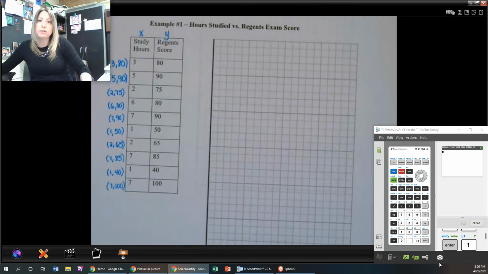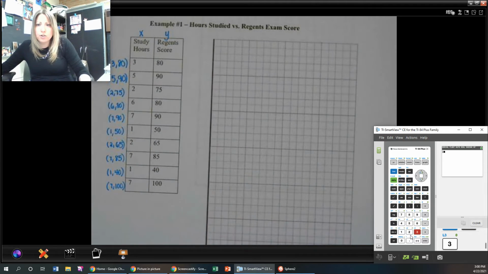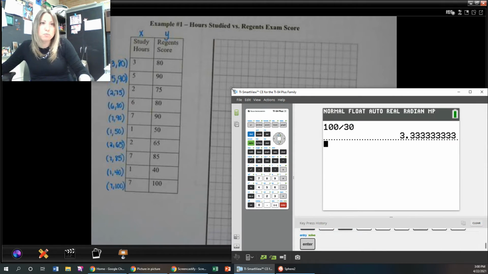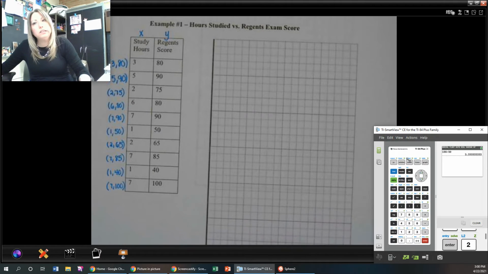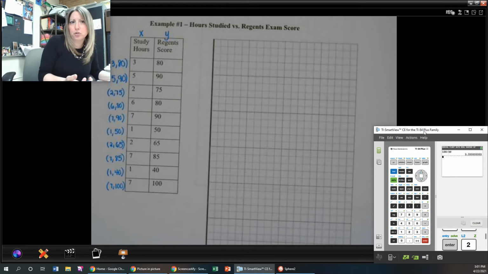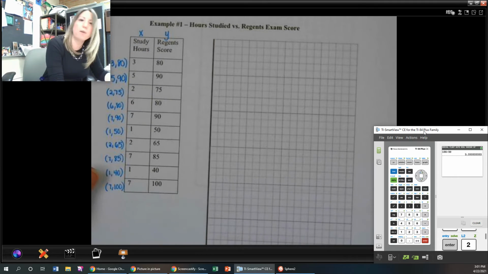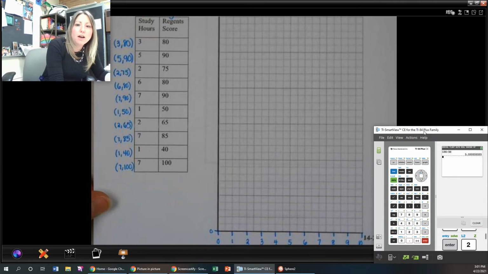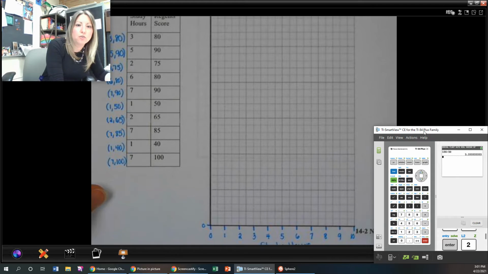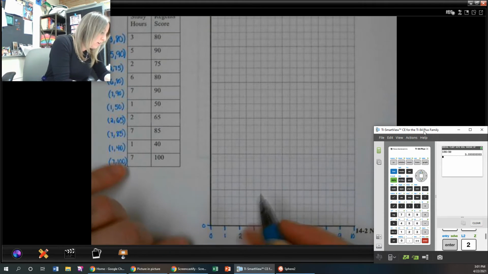So I want 100, my max, divided by 30, which comes up with 3.3 repeating. So why don't we go by 5s going up? That should fit everything just fine.